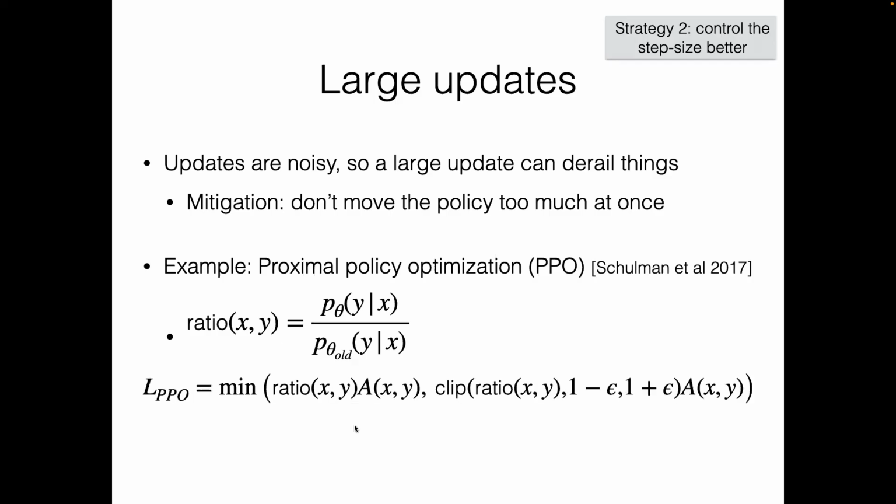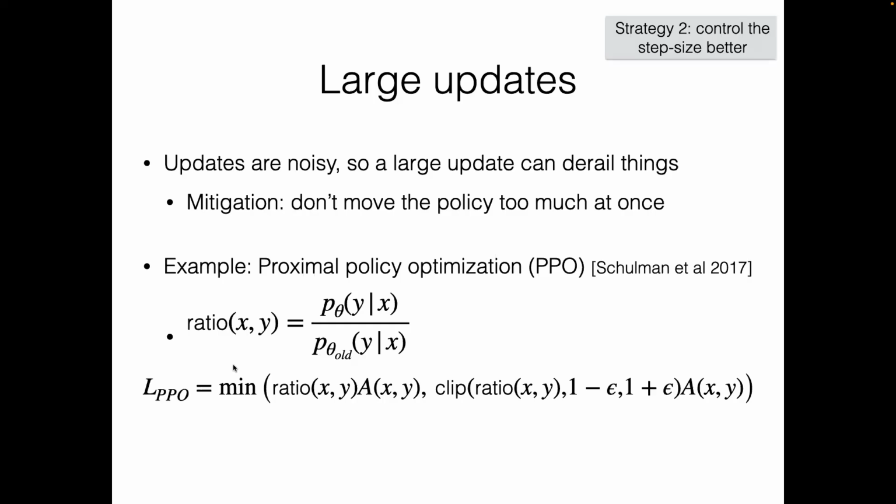And then given this ratio, you can incorporate it into a loss function. So this is a really popular loss function or training method called PPO, or proximal policy optimization. And this has been used in a lot of the works on language models and reinforcement learning. So we'll see this again on Thursday.